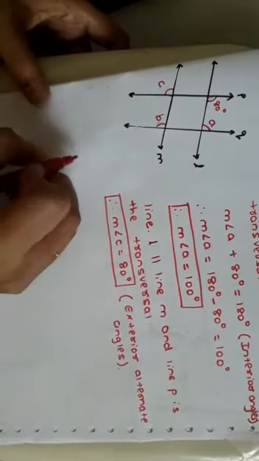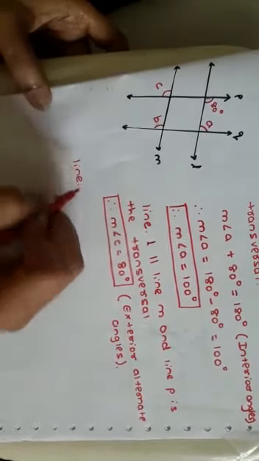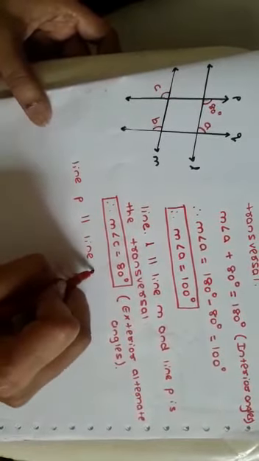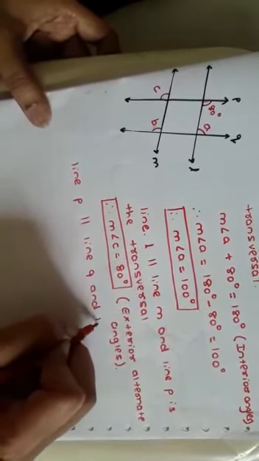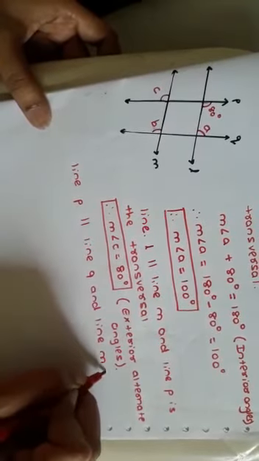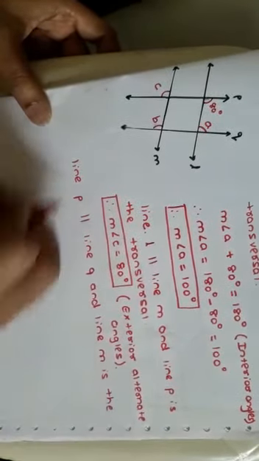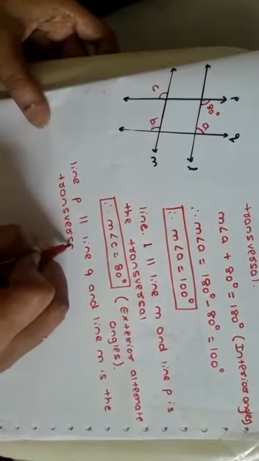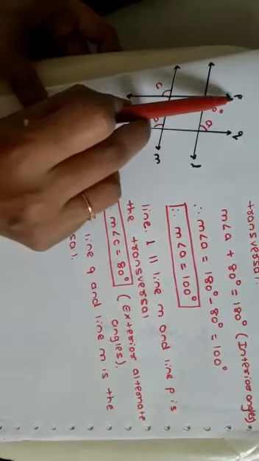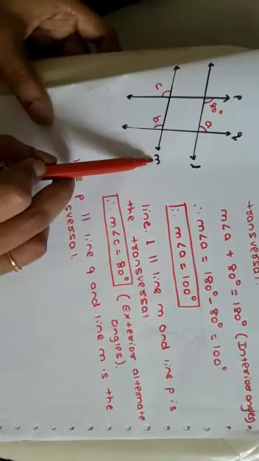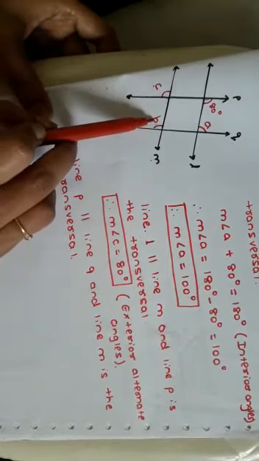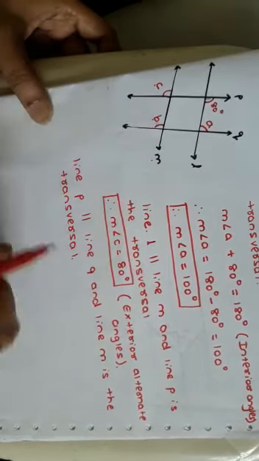Now again, line P is parallel to line Q and line M is the transversal. So angle C and angle B are corresponding angles.